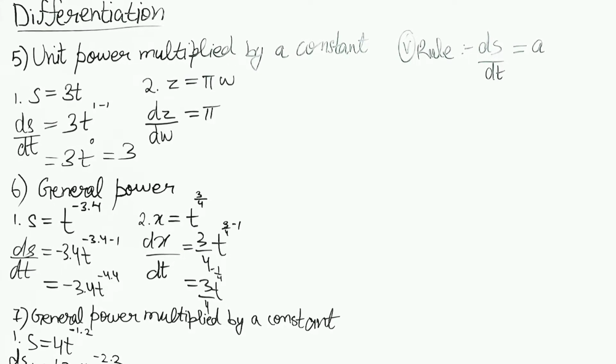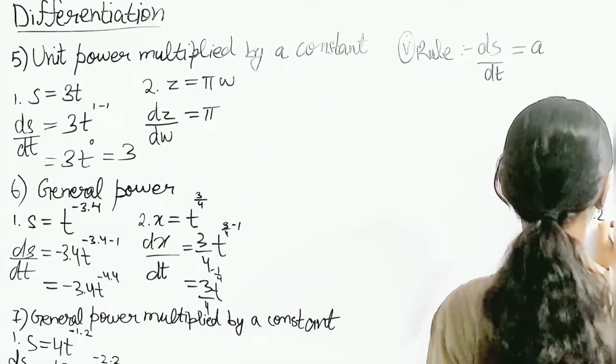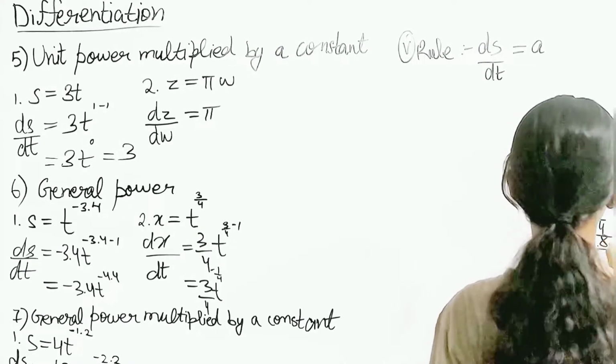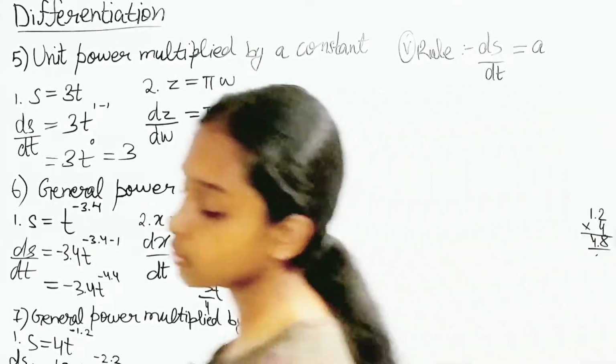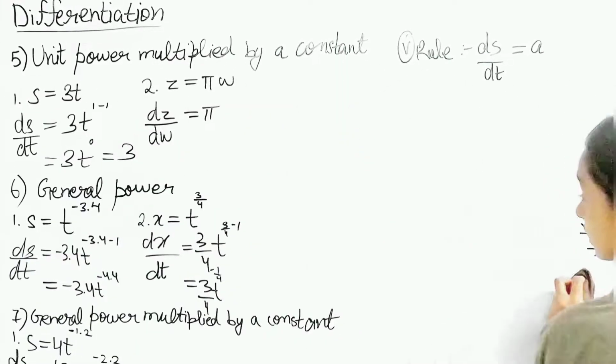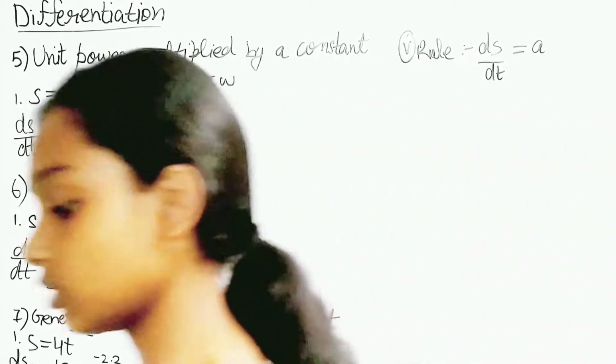Okay, so we're going to get negative 4.8 t to the power negative 2.2. Is that right? Let me just multiply it here to check. Yeah, it's absolutely right. Negative 4.8 t to the power negative 2.2.